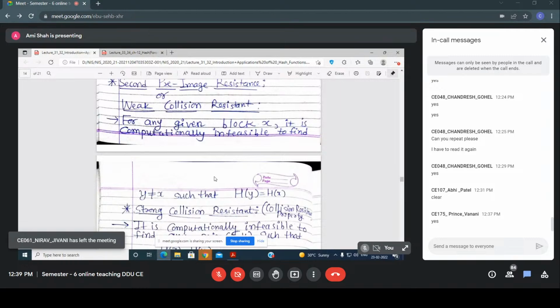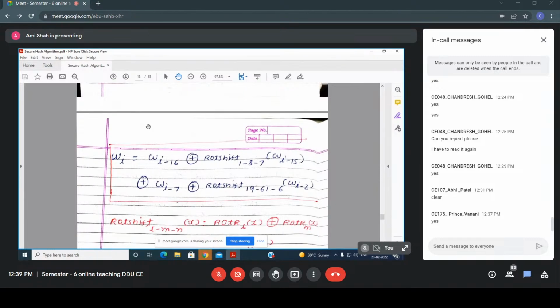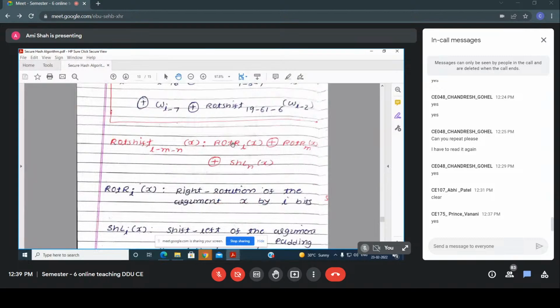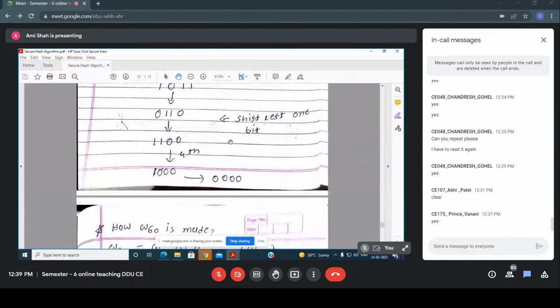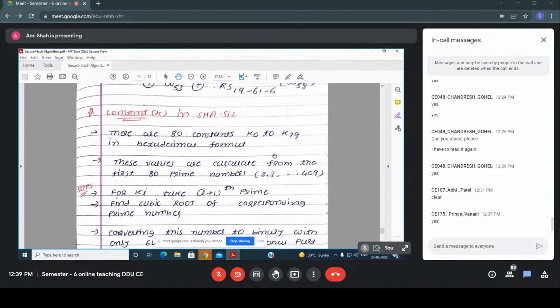Now, based on this, questions can be asked. For example, some constant is given to you. Let's say I tell you to remember this formula, and my question is to find the word W17. You have to remember the formula and calculate based on that. Or you have to write down the formula for how to find the constant.